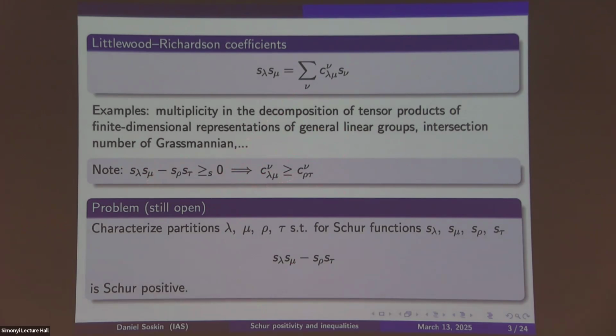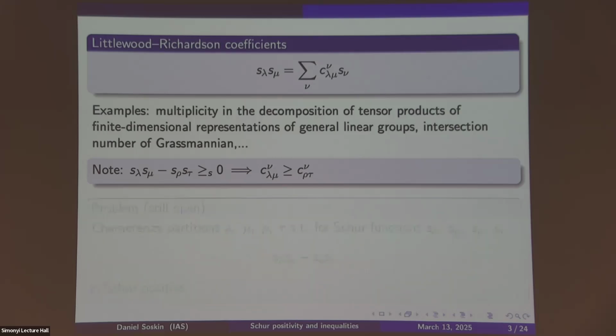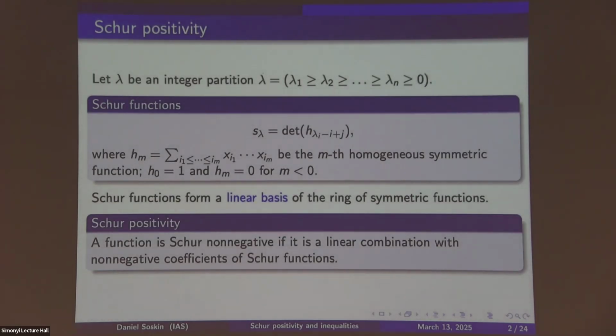Can you repeat the question? I mean, the left-hand side is defined by saying that the right-hand side is true for every nu. No, Schur positivity: if you have a symmetric function, any symmetric function, you can write it in the Schur basis, and if all coefficients are non-negative, then it is Schur non-negative.